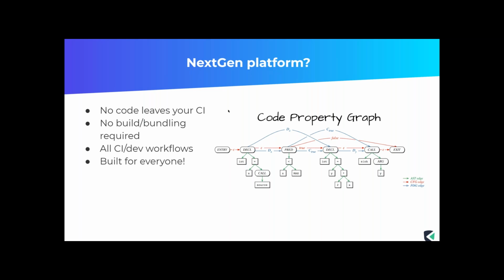The way we have architected Shift Left for all languages, in fact, not just JavaScript, is the code properties are generated in the build server, in the CI server, or if somebody is testing locally, then on their own machine, and it is only the code properties, the representation here, that gets taken to the cloud, and we perform security analysis.